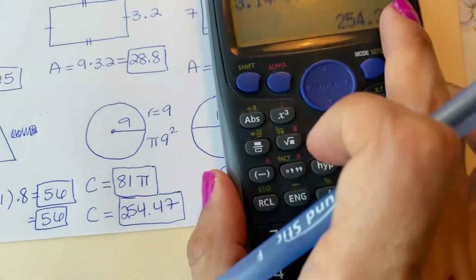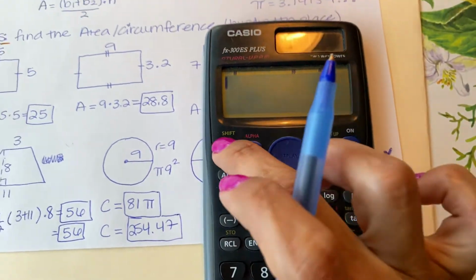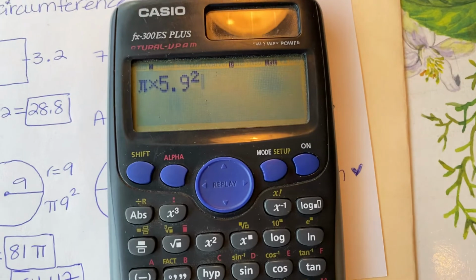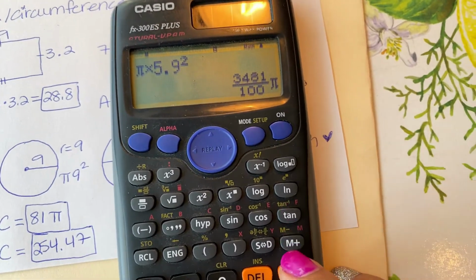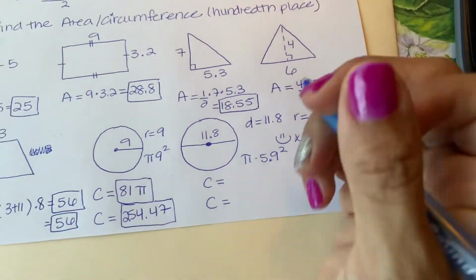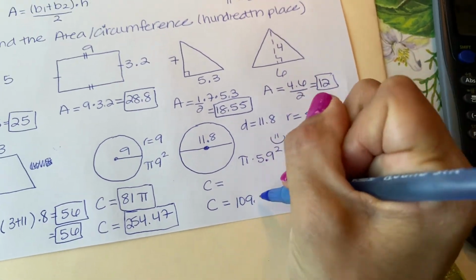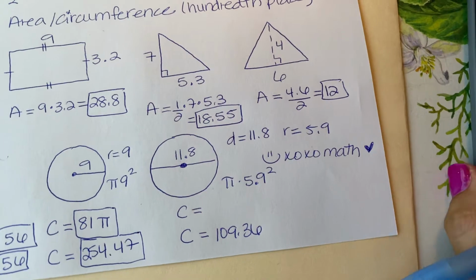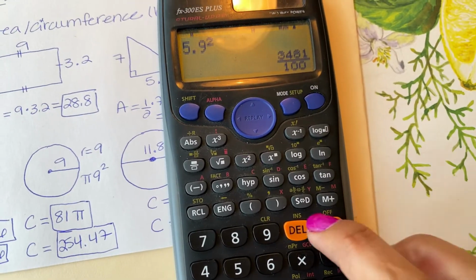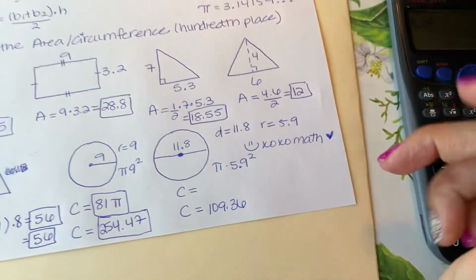All right, so what am I doing? Shift pi, I'll do both. Times 5.9 squared is 109.36. So this is my decimal answer. And what's my pi answer? What's 5.9 squared? 34.81.